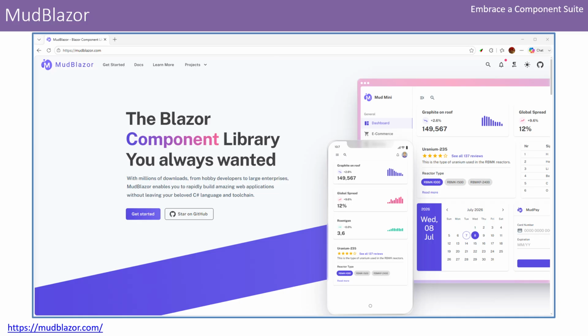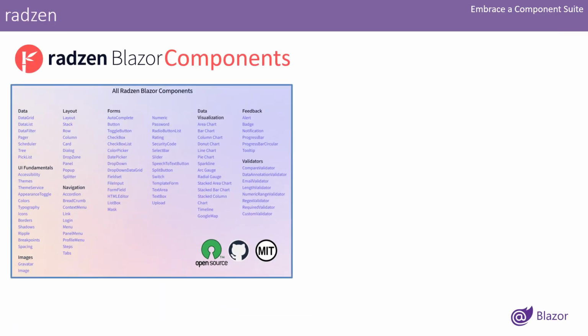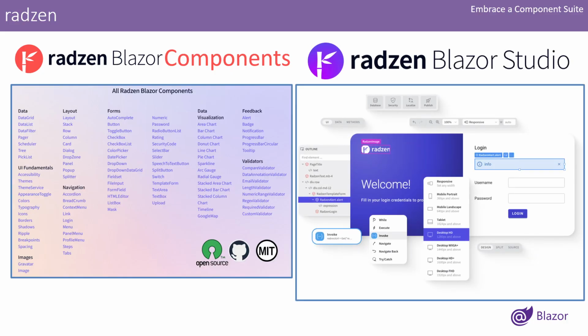The community support is really strong for this solution. Oh, it is MIT licensed as well. When it comes to Radzen components, those are also open source and MIT. And they also offer Radzen Blazor Studio, which is something you have to pay for, but it might be a value.